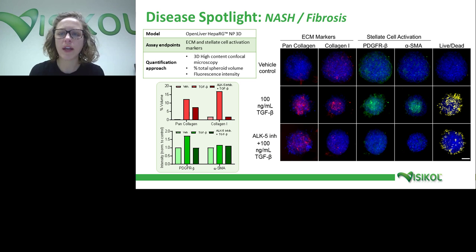And we see that we do get increased deposition of collagen as well. There have been a number of proposed approaches to ameliorate this fibrotic state, one of which is to treat with some sort of ALK5 inhibitor. So the sample therapeutic, if you will, that we've used here is an ALK5 inhibitor, and we see that it does ameliorate fibrosis to a pretty significant extent.